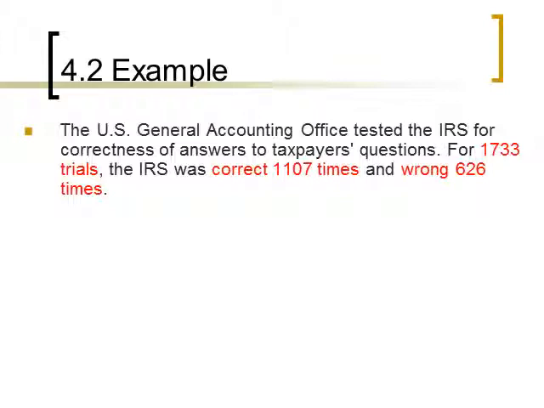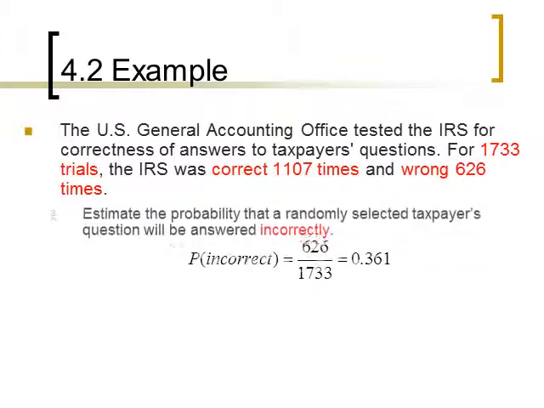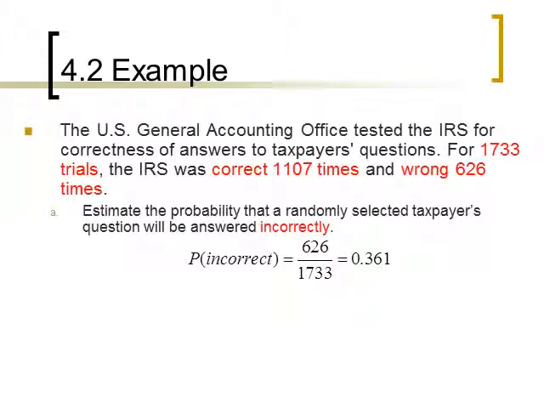Here's another example where we can set up a classical probability. The U.S. General Accounting Office tested the IRS for the correctness of answers to taxpayers' questions. For 1,733 trials, the IRS was correct 1,107 times and wrong 626 times. Estimate the probability that a randomly selected taxpayers' question will be answered incorrectly.